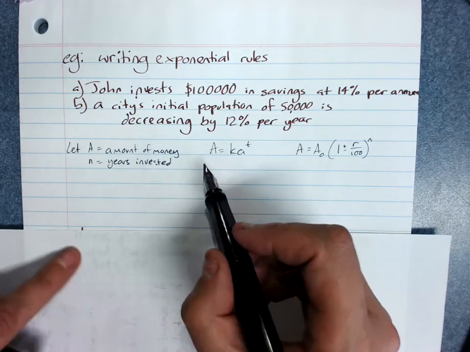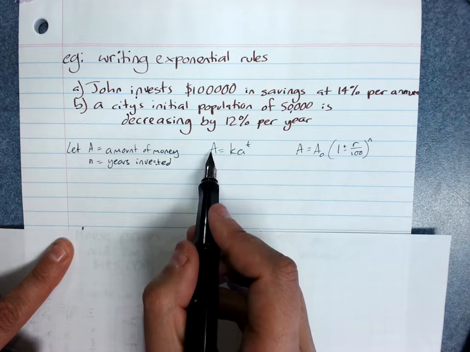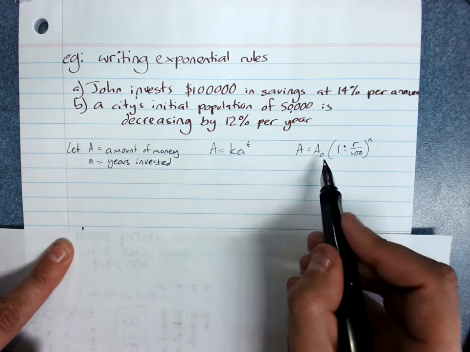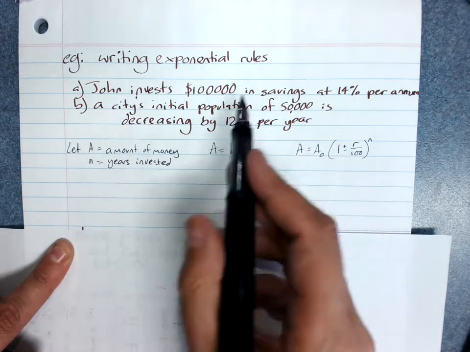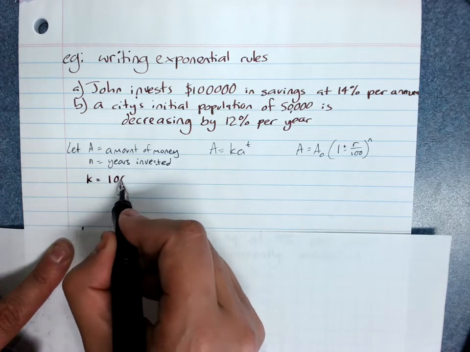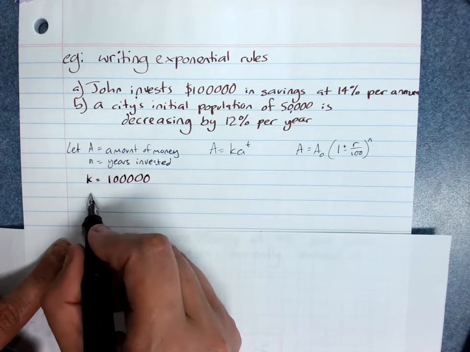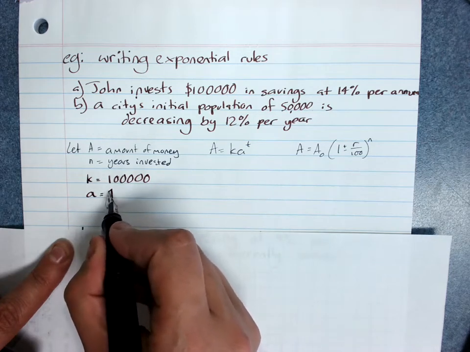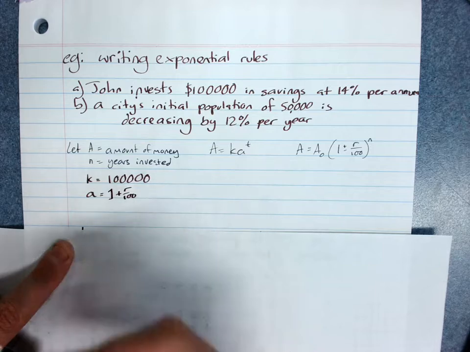So, the information that we've got: the amount of money is what we want to be finding. I need the initial investment. So that's either K or A0. I'll work through it with this first question. So K equals 100,000.